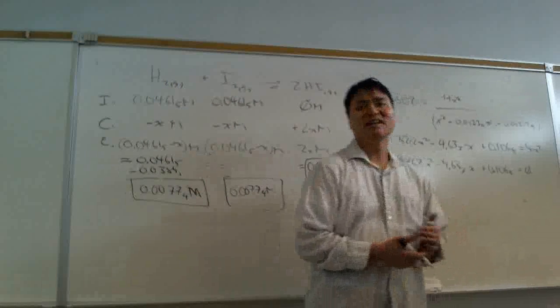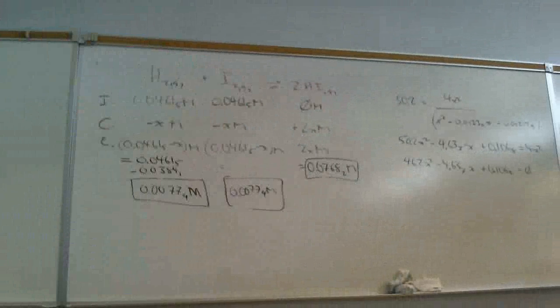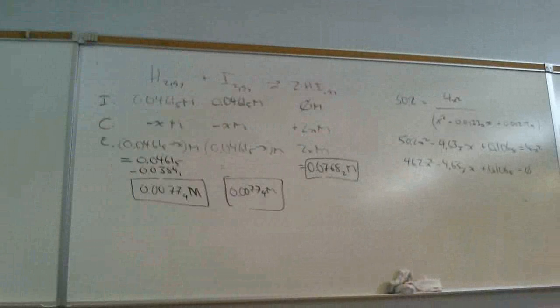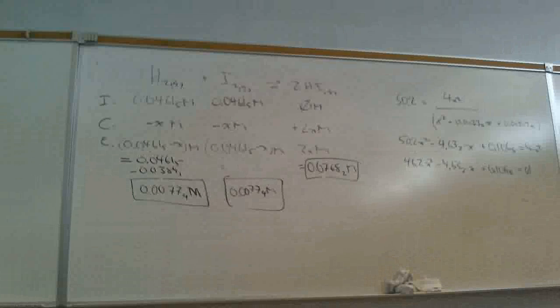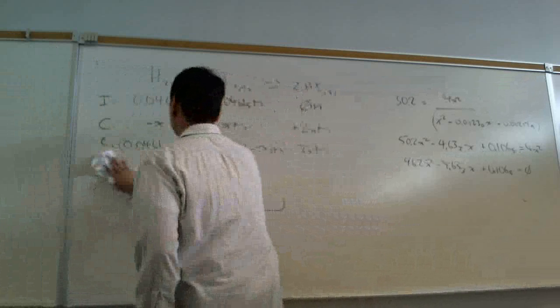Well, let's try that again with the quadratic solver with these new numbers, and hopefully this comes out better. 46.2 is the same, negative 4.633 is the same, but the constant should have been 0.1068, which gives us a different value for x.